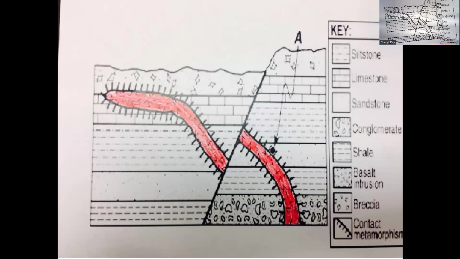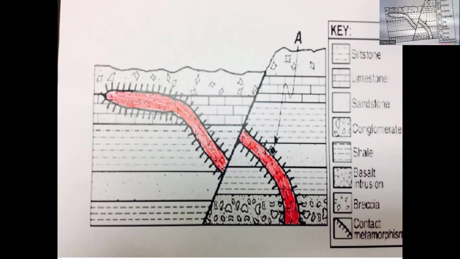Who remembers from yesterday what this caterpillar looking thing with whiskers on it is called? It is magma, it's representing magma. What's it called though? And so is this an intrusion or an extrusion? How do you know it's an intrusion?